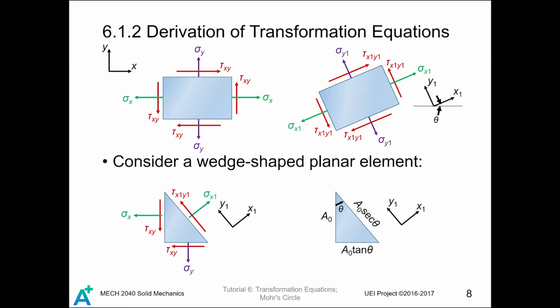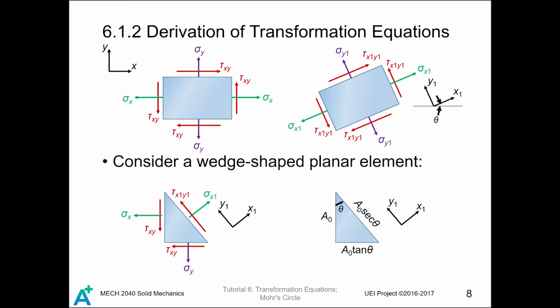But we will change the notation a little bit because there will be change inside it. For the 2 pairs of direct stress, we name them sigma x1 and sigma y1 respectively. While for the shear stresses inside the stress element, we call it tau x1 y1.